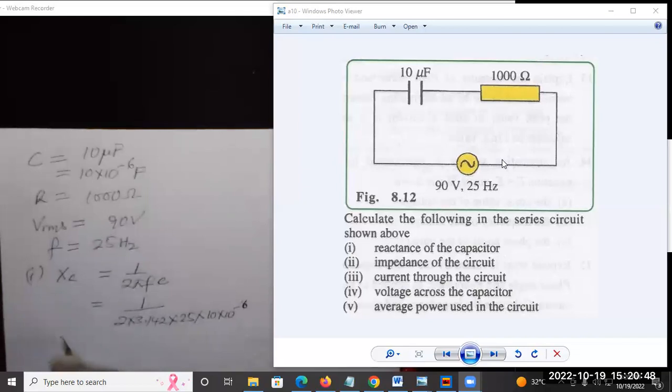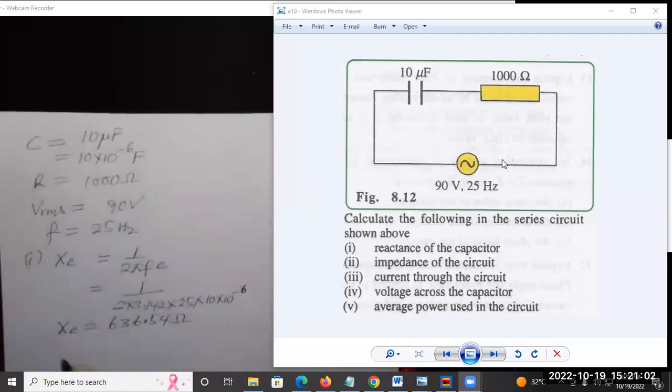Using a calculator, the capacitive reactance of the capacitor is 636.54 ohms approximately.